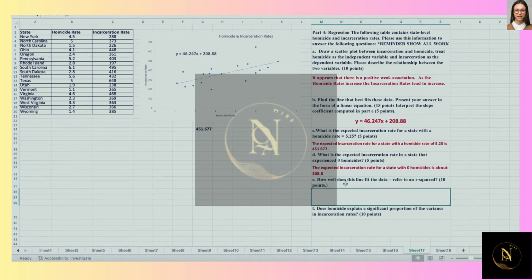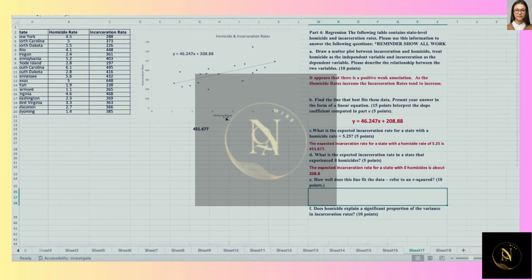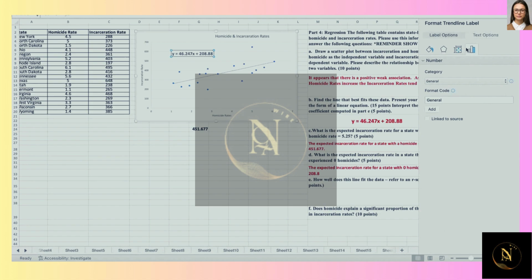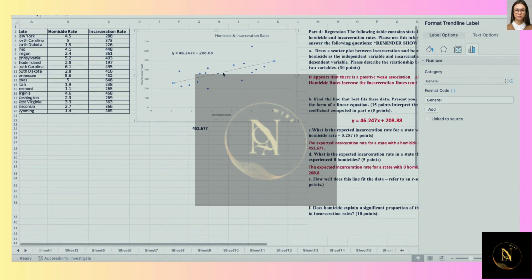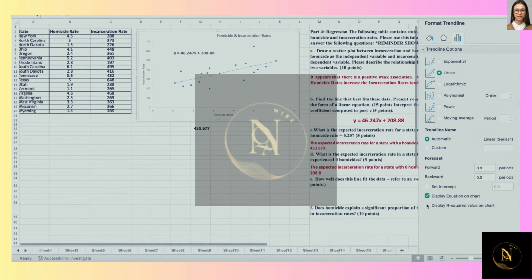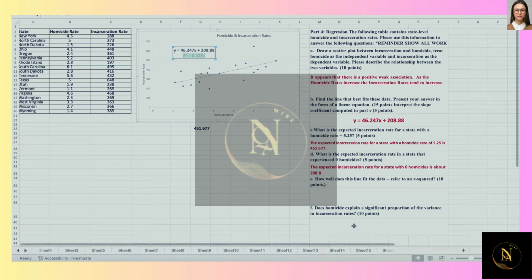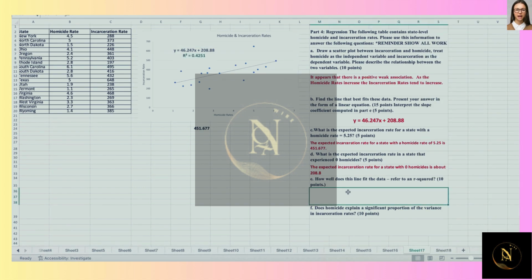All right, how well does the line fit the data? Refer to R squared. So R squared in this instance is 0.4251.